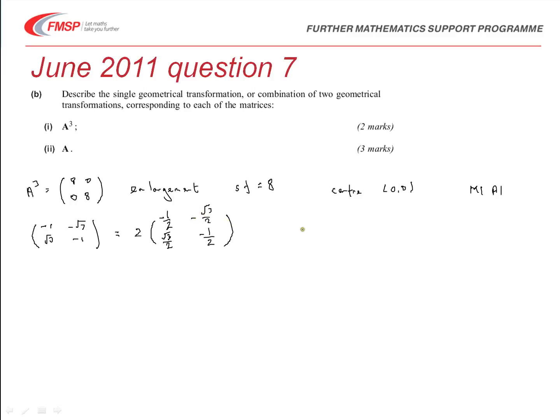So now all we've got to do is to identify the angle which has a cosine of -1/2 and a sine of positive √3/2.